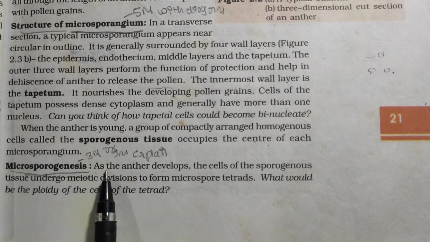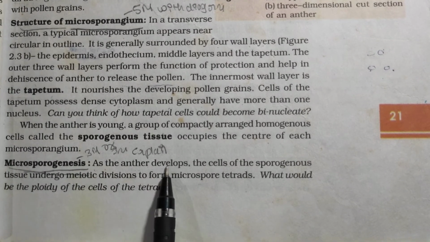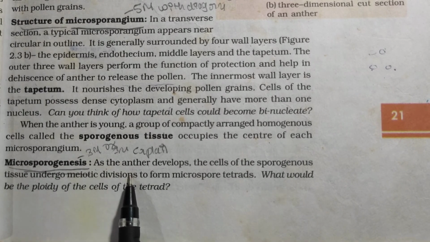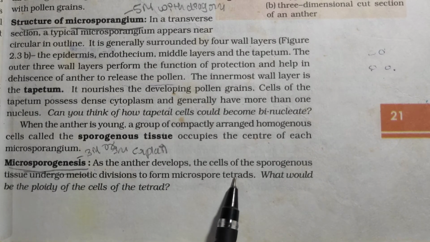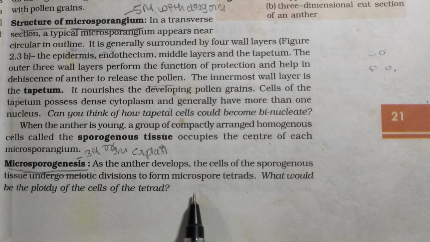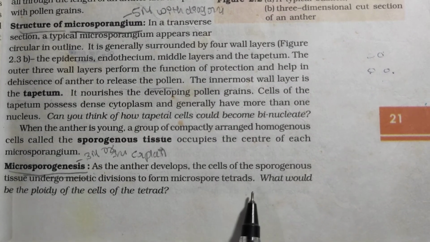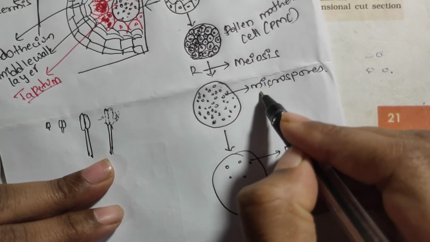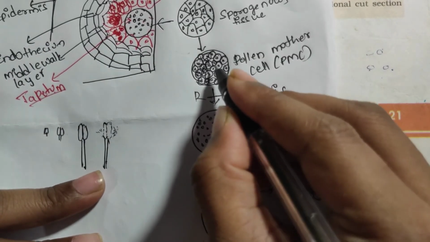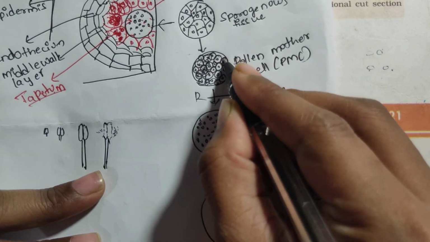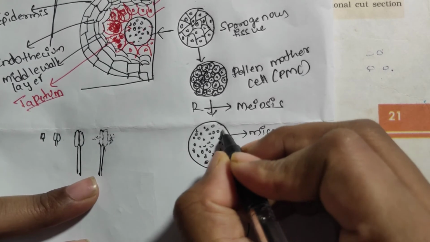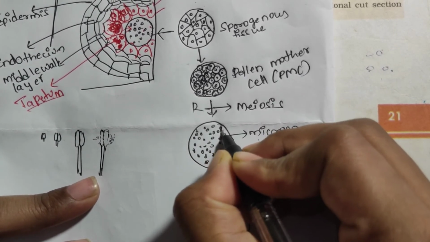Microsporogenesis. As the anther develops, the cells of the sporogenous tissue undergo meiotic division to form microspore tetrads. Now I'll tell you what this microspore tetrad is. One pollen mother cell is going to give rise to 4 microspores, and these 4 microspores are intact.